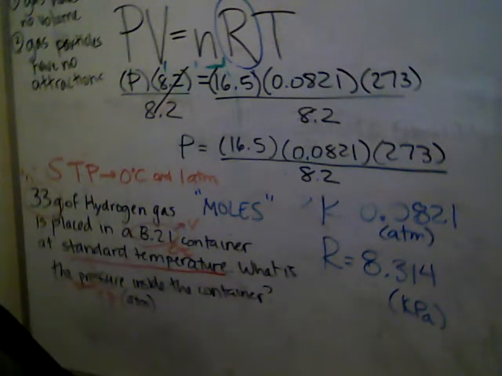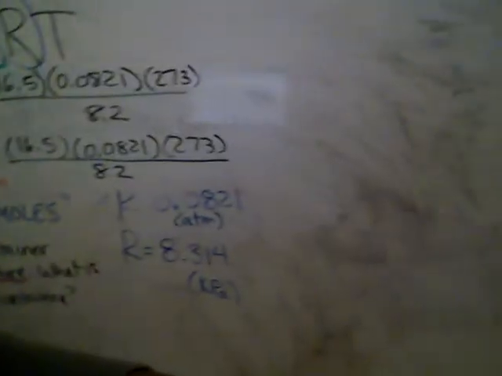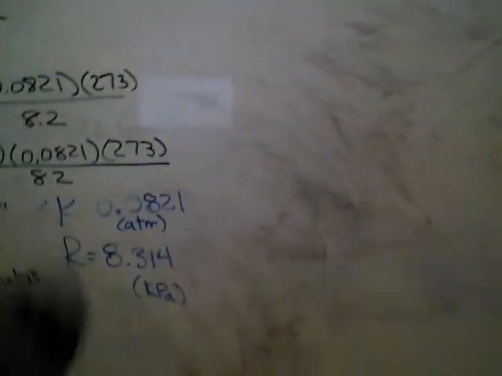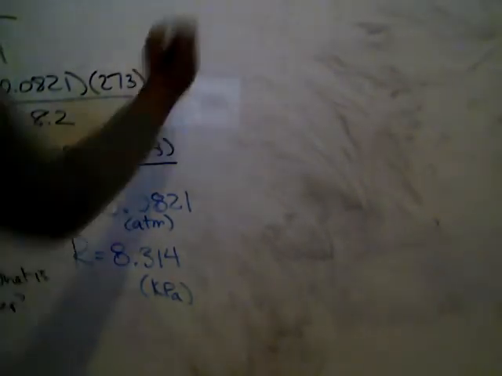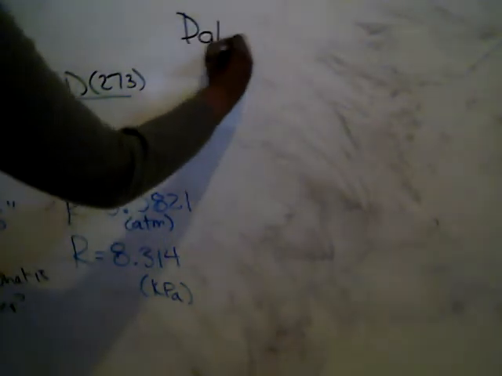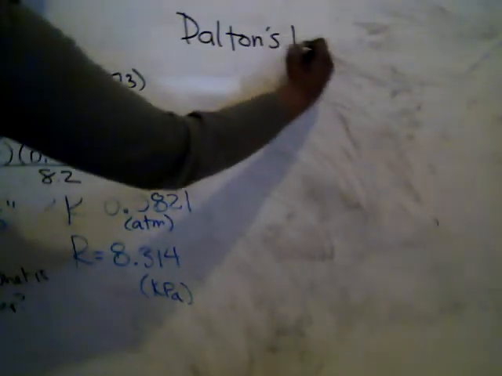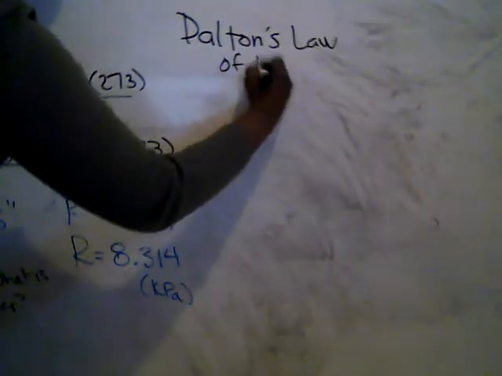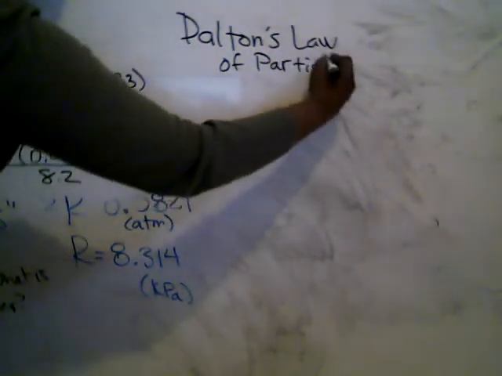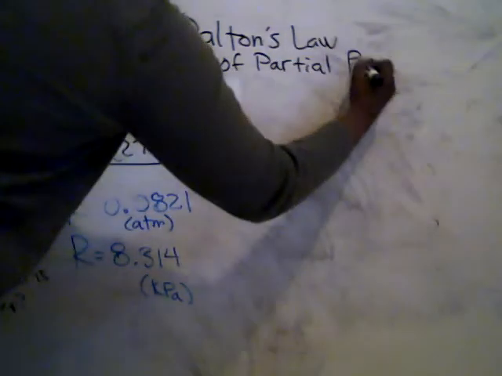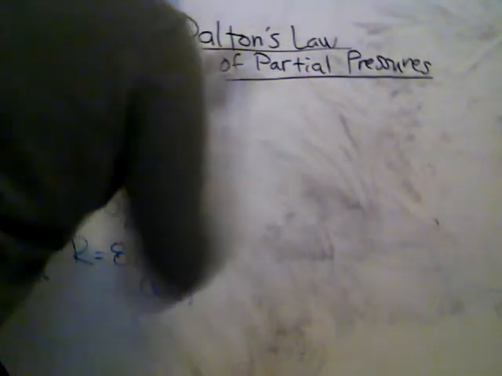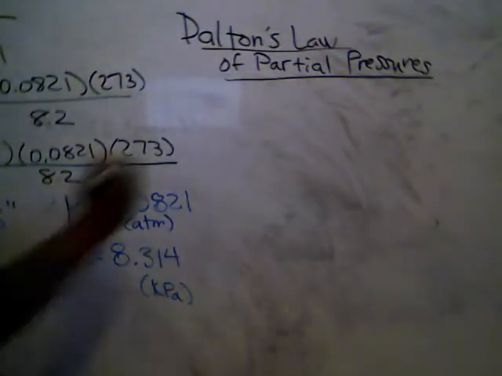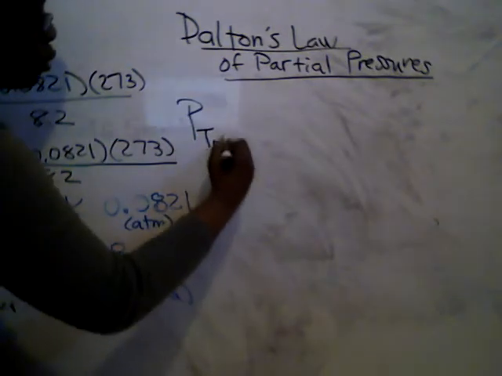Just 2 more equations that we'll do. Let me shift over here. We will do Dalton's law of partial pressures, and his equation is super simple and actually makes a lot of straightforward sense. So his equation will say something like P total is the total pressure.